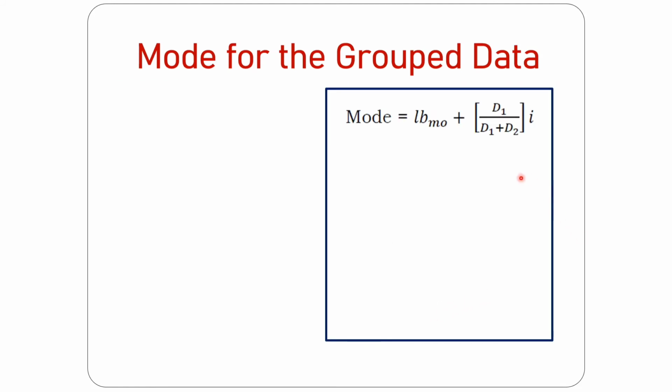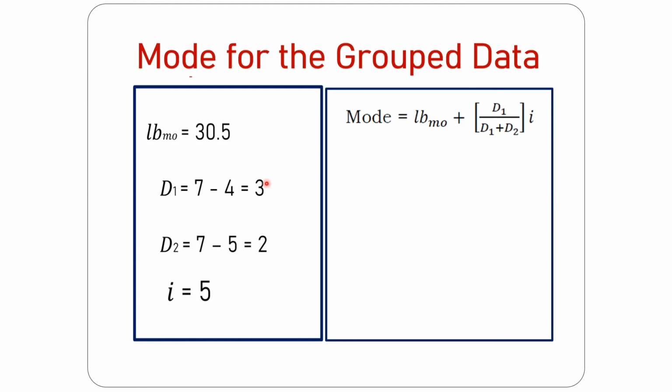Using these values, we can now calculate the mode by substituting the values into the formula. LBMO is 30.5, D sub 1 is 3, then D sub 1 again is 3, D sub 2 is 2, and the interval is 5. Calculate first the values in the grouping symbol.